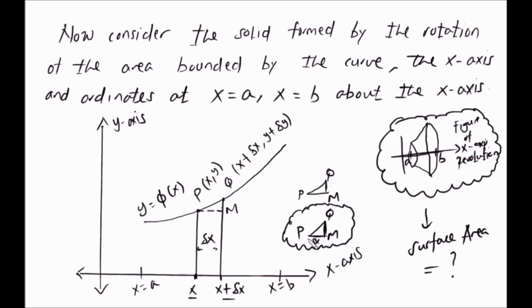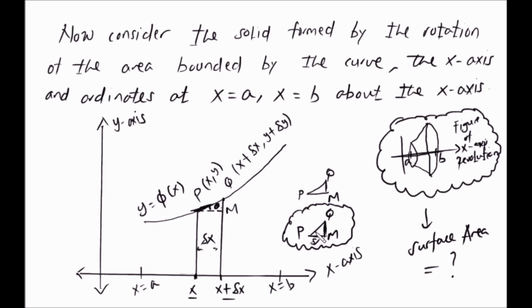So from hii triangle PQM ndio tutapata urefu PQ, kwa sababu urefu kutoka P mpaka M ni delta x, tayari tunao. So tuchore tangent at P. Tuseme angle between the tangent at P na the x axis ni theta.